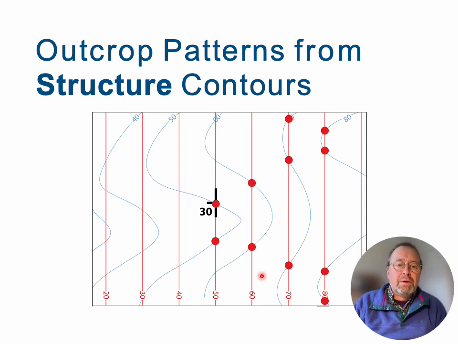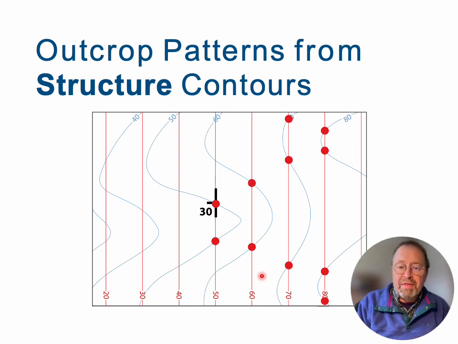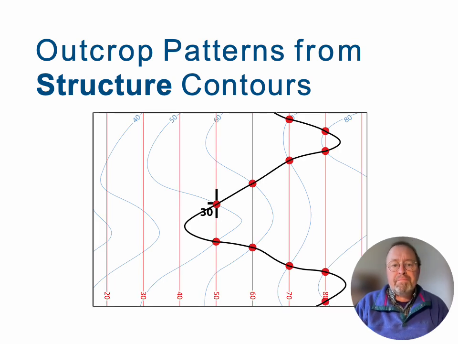And so each of these little red dots indicate where that particular surface is outcropping at the surface. It's not present over here. So what you can see by joining those up, that gives us an impression about what the outcrop pattern would be for that particular surface.